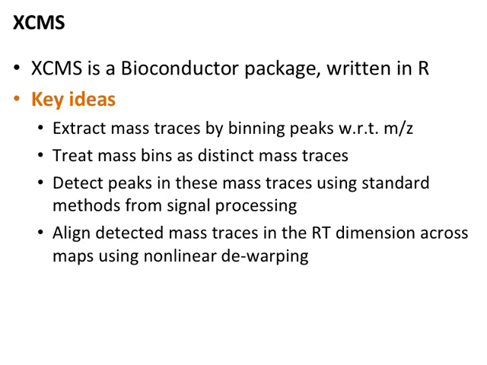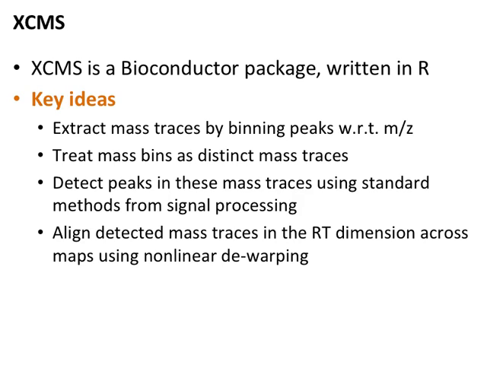You might know that there are a few tools for metabolite quantification out there. Probably the most popular one is XCMS. That's a Bioconductor package, and many people are using that. It's actually working reasonably well. Here the key ideas, and there are different algorithms in there too, but the key idea is to extract mass traces by binning peaks with respect to m/z.